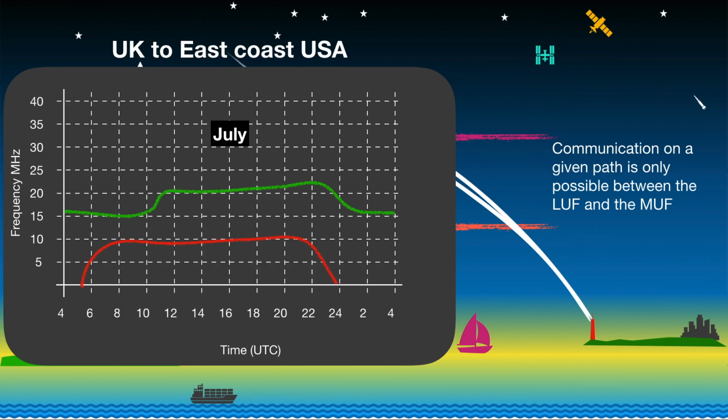And it's worth noting that these are not universal graphs. They don't count for every path that we're considering. They're specific to a path, and this example is specifically the UK to the East Coast USA.